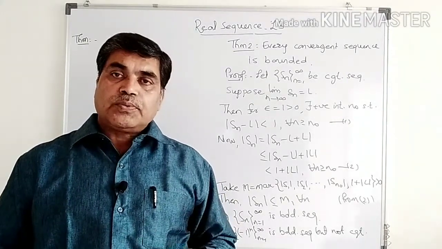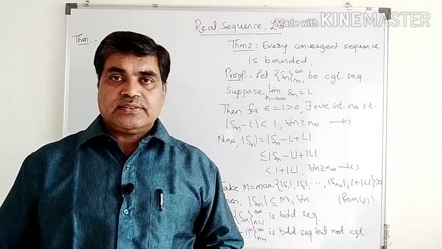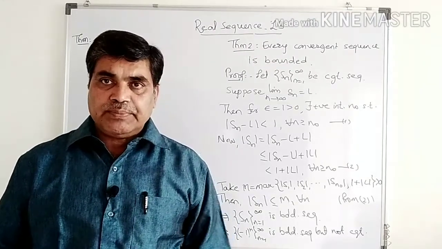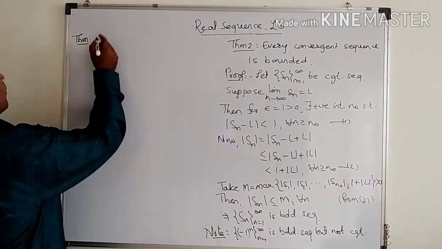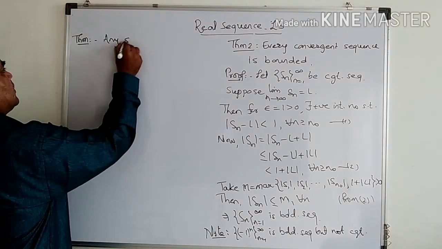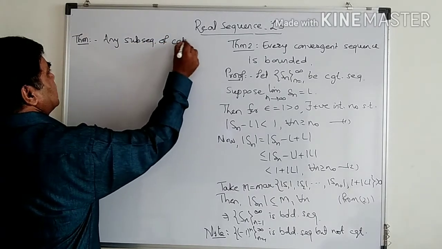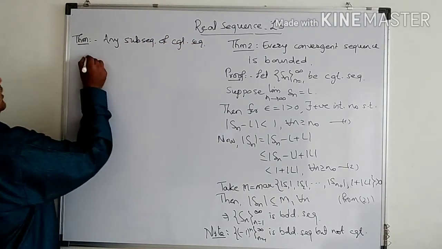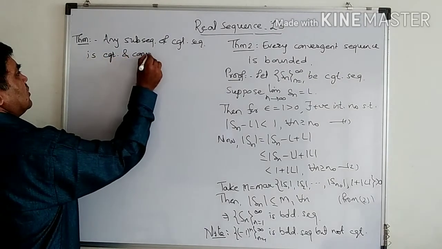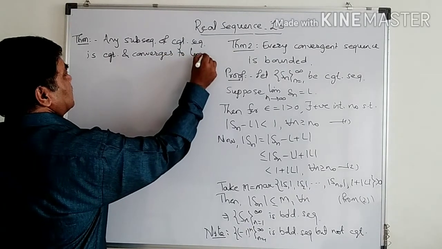So we'll prove that any subsequence of a convergent sequence is also convergent and converges to the same limit. Any subsequence of a convergent sequence is convergent and converges to the limit of the sequence.